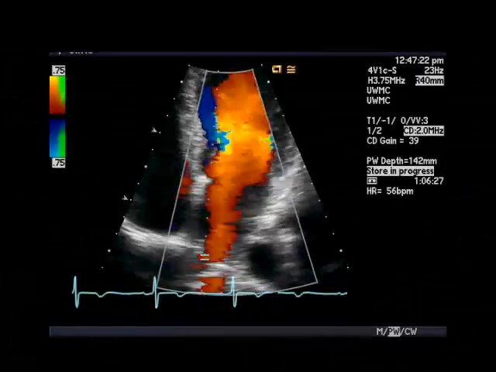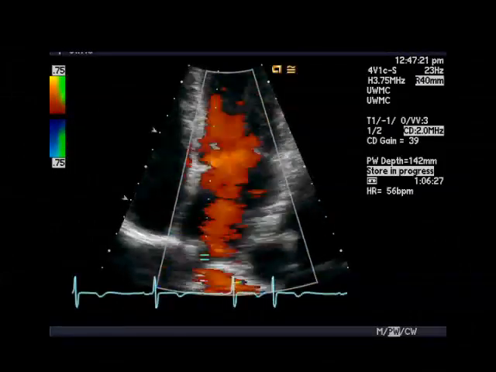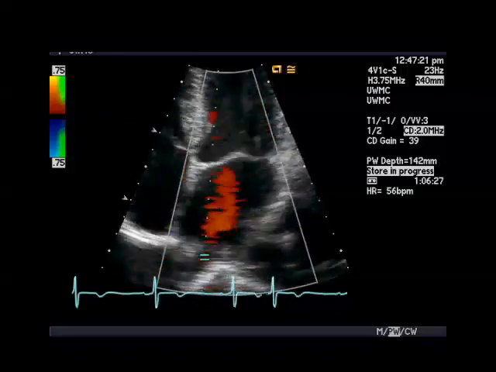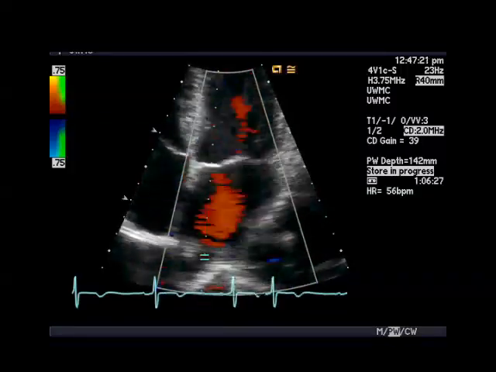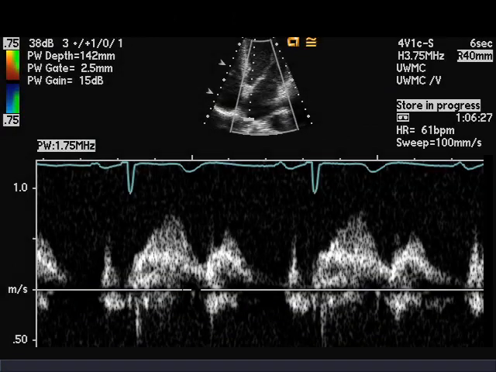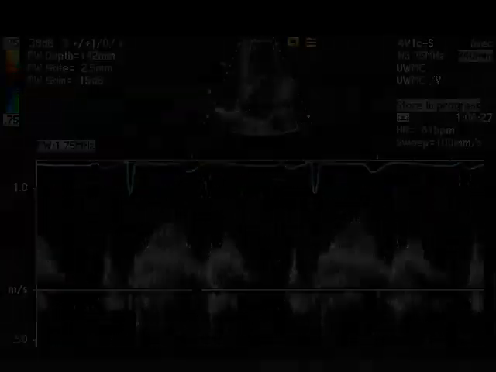Pulmonary venous flow is recorded with the sample volume positioned in the right superior pulmonary vein in the 4-chamber view, followed by pulse Doppler recording showing the normal systolic and diastolic inflow curves, along with the slight reversal of flow with atrial contraction.